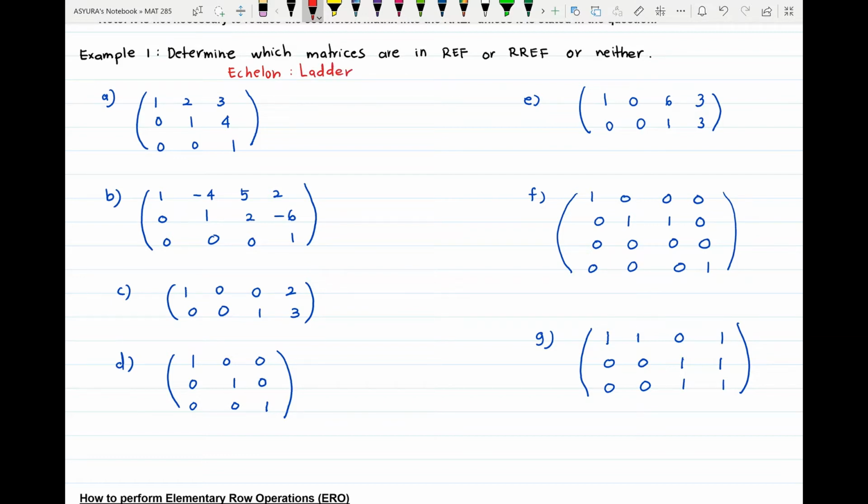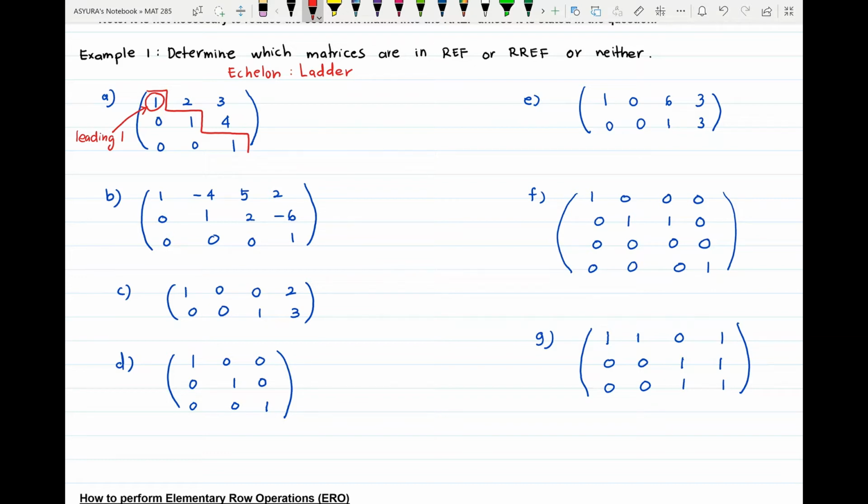So here we have the form of a stair. The first non-zero entry must be 1. This is what we call the leading one, the leading one in the first column.